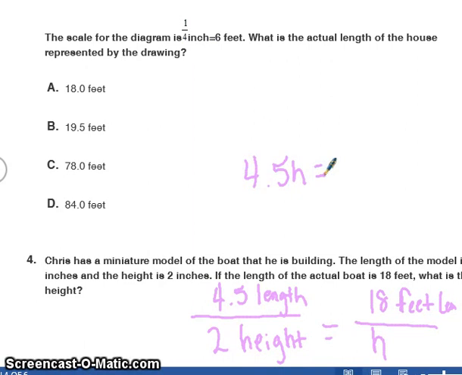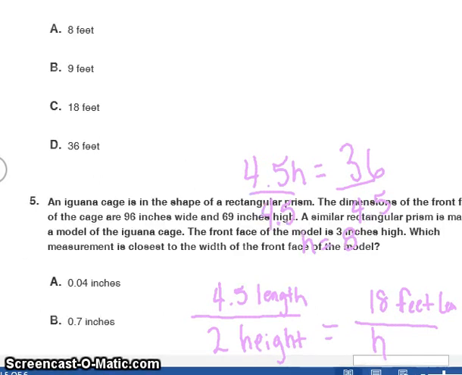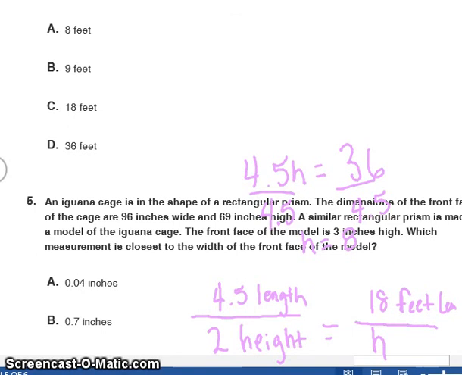And 2 times 18 is 36. So 36, divide both sides by 4.5, will be less than 9. It will actually be 8. So let's look at answer choices. And I would say 8 feet is correct.